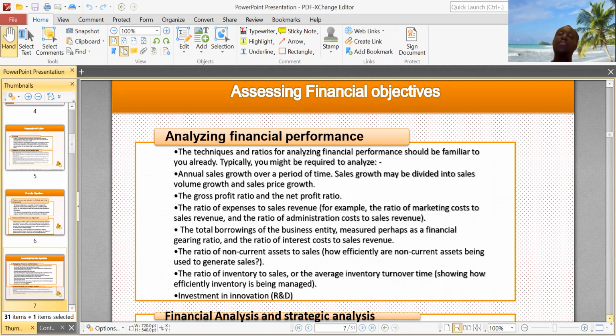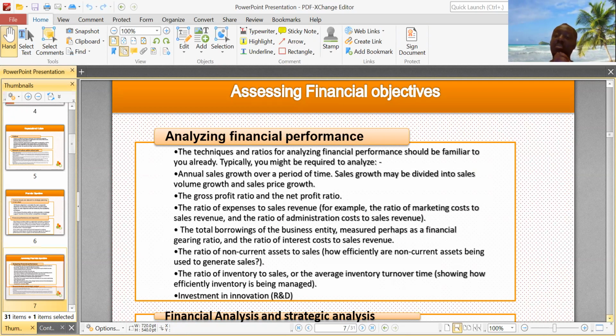So if the gross profit ratio for a company is 32%, what does it mean? It means that for every 100 CDs or every $100 of sales, only 32 goes to gross profit, or we only receive 32 CDs or $32 as gross profit.